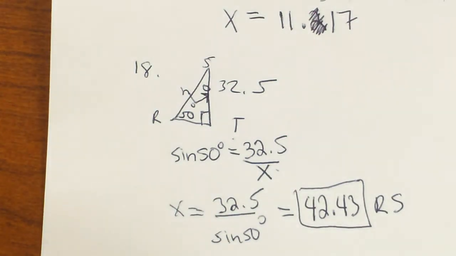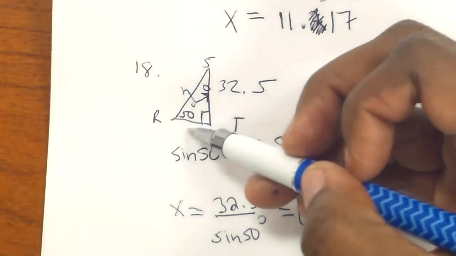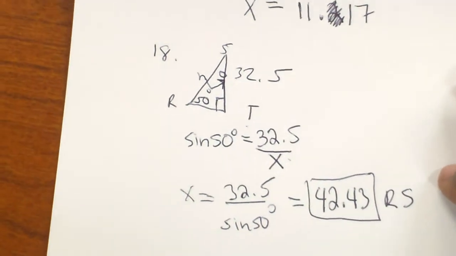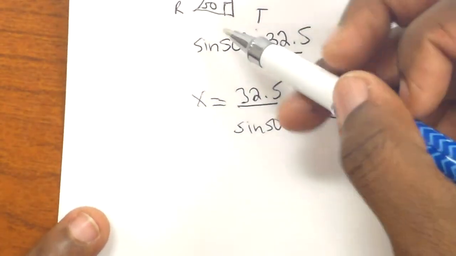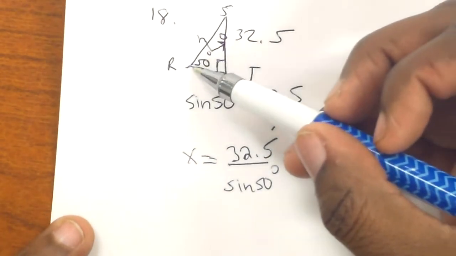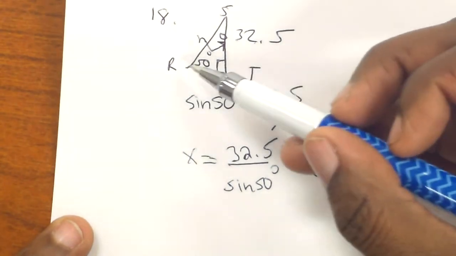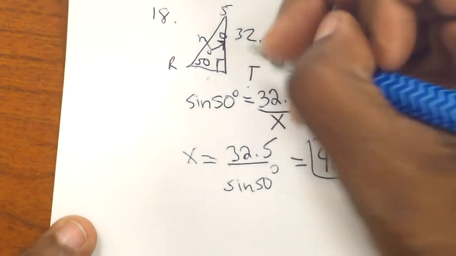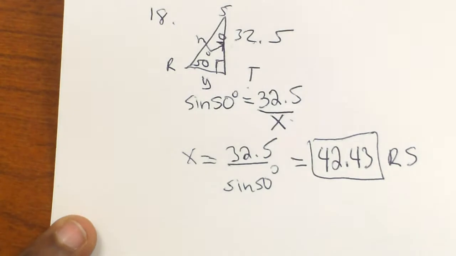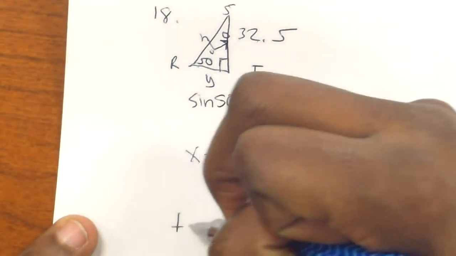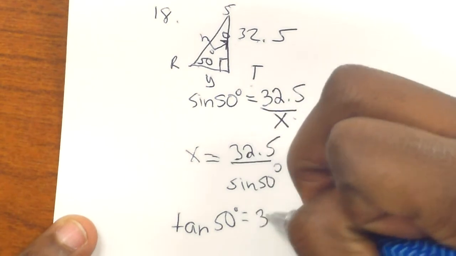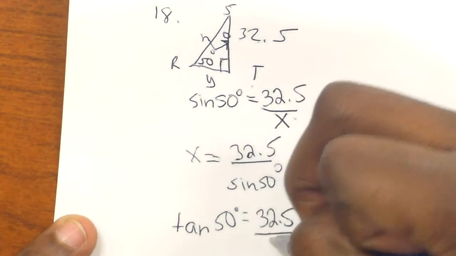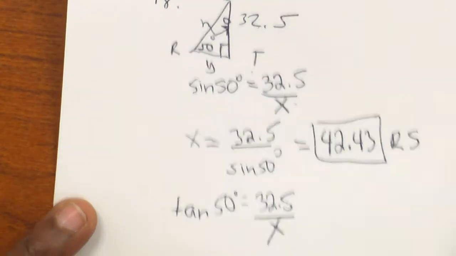Remember, we have to find all of the sides. So I'm going to go ahead and find side RT now. When I look at the figure, I know my opposite, and I'm looking for RT, so that's the adjacent. So I'll use tan for this one. So tan 50 degrees equals opposite over adjacent, which is unknown.